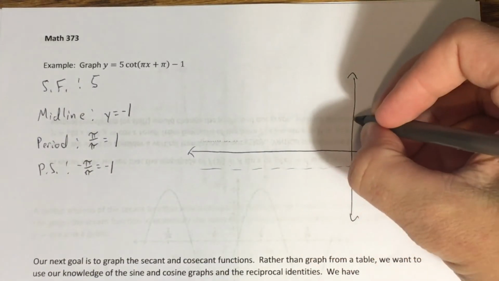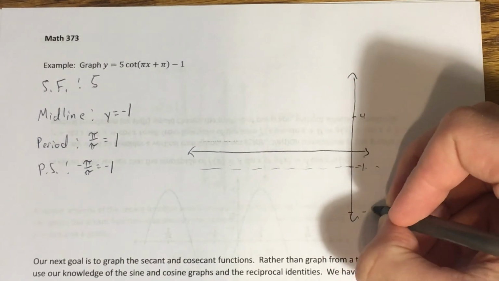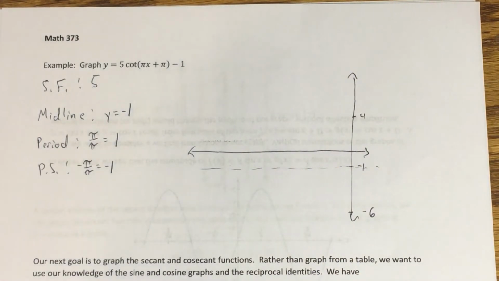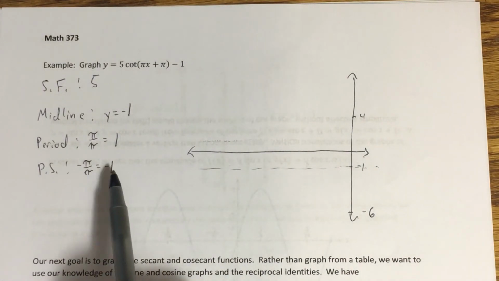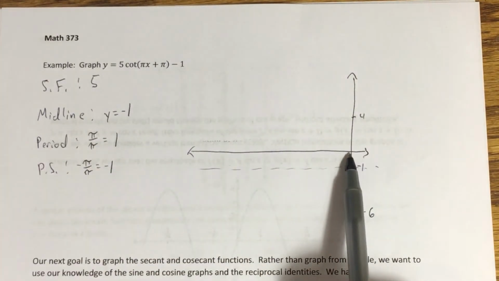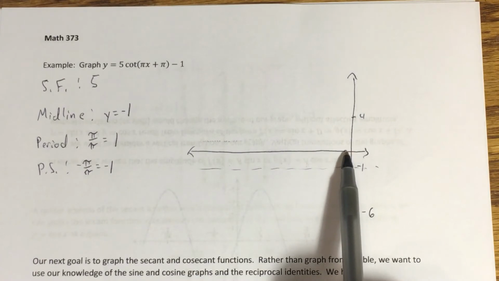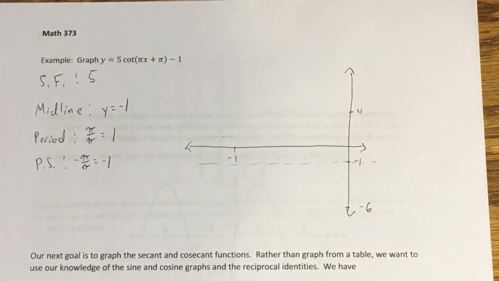So -1 plus 5 takes me up to 4, -1 minus 5 takes me down to -6. Okay, the x-axis now, phase shift is -1. So remember, cotangent would normally have a left endpoint on that interval that we graph it on at 0. We move it -1 units, or 1 unit to the left, which takes me to -1.